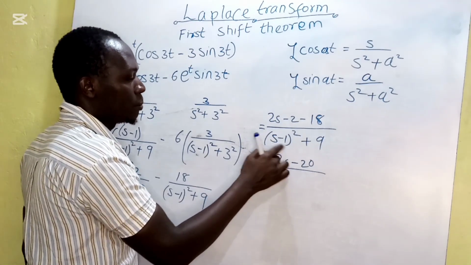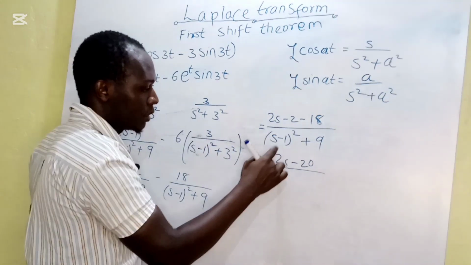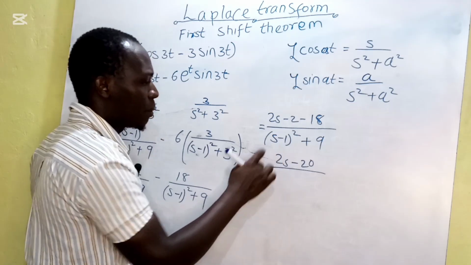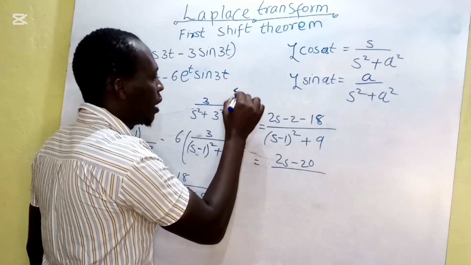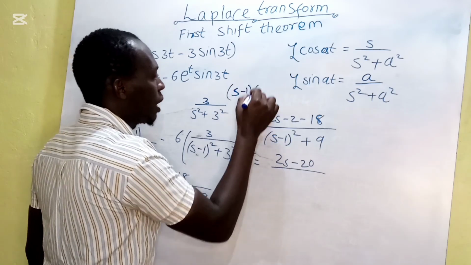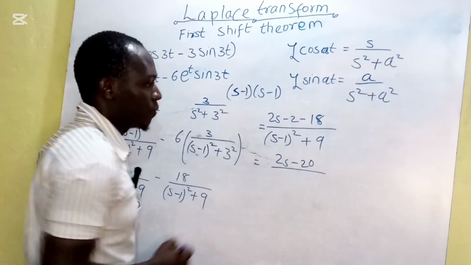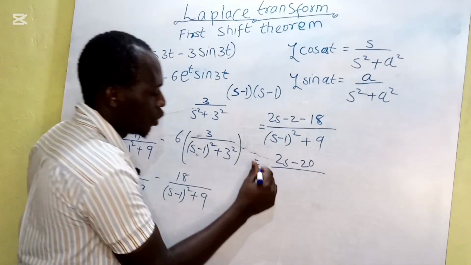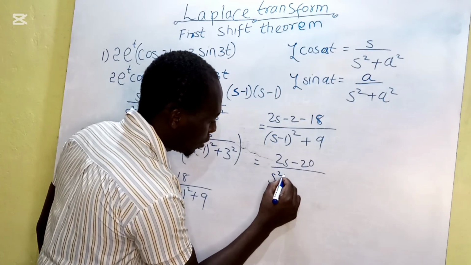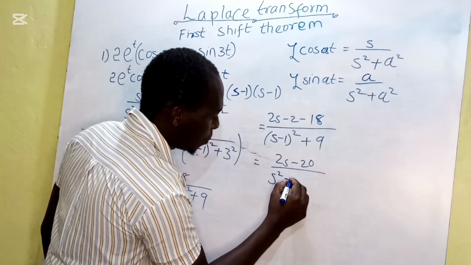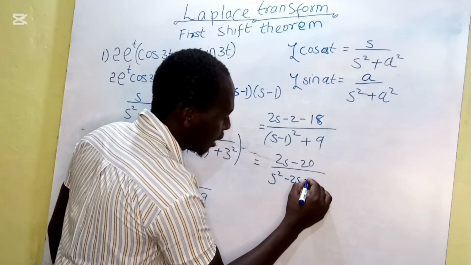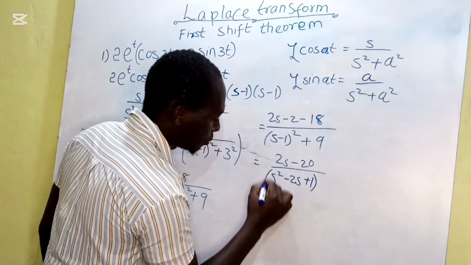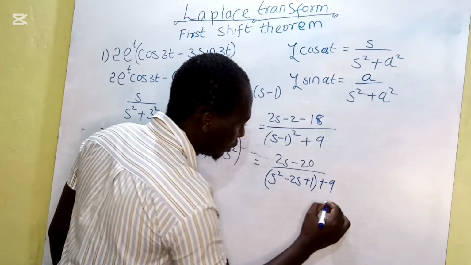We come and open our bracket here on the denominator. And by opening the bracket, this one is equals to s we subtract from 1, we come and multiply by s we subtract from 1, because it is s squared, of which we are going to have s squared, we subtract from 2s, we come and add to 1, we add to 9.